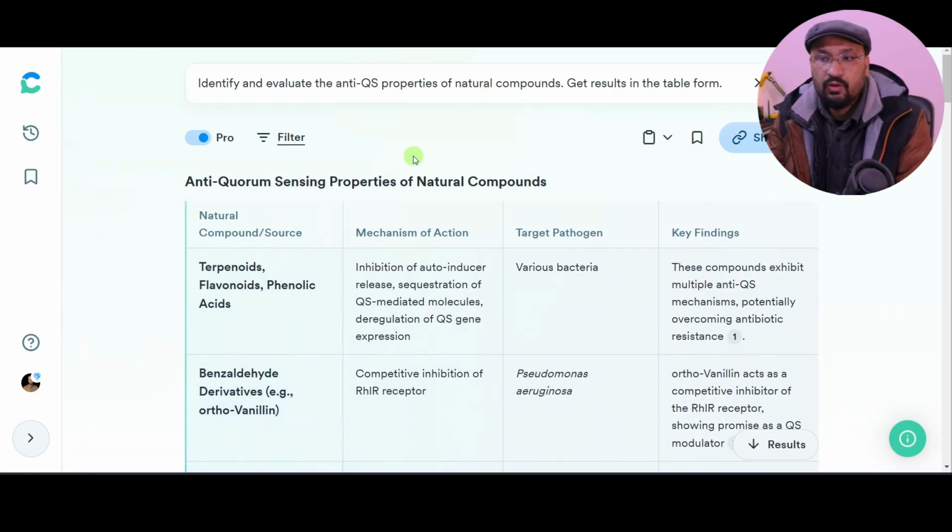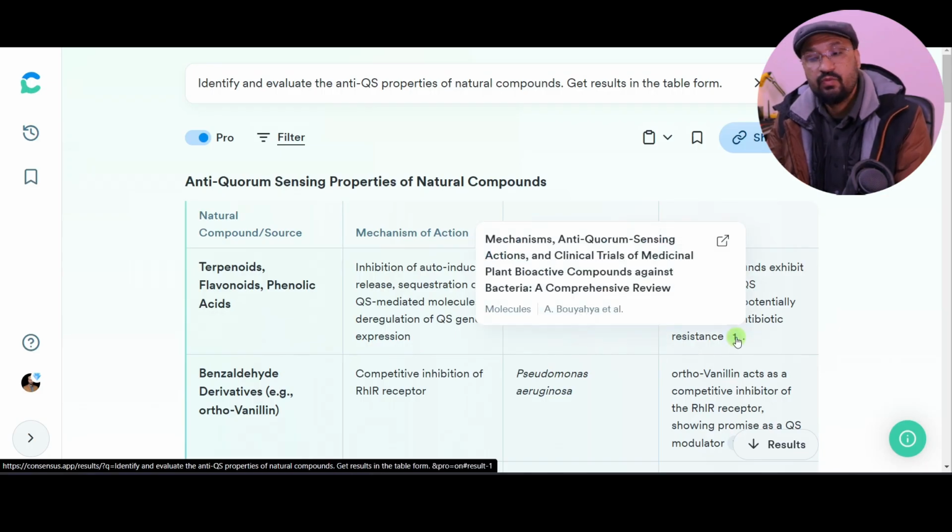It will give you a lot of other products that are being explored with their mechanism of action, target pathogens, and key findings, which is great. Believe me, it is great. It's going to save you a lot of time. At the same time, the literature that you're getting is very, very good.